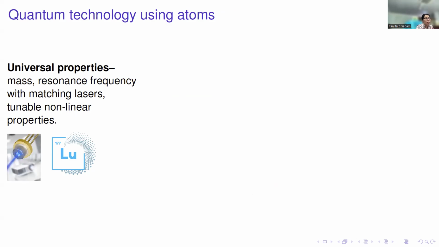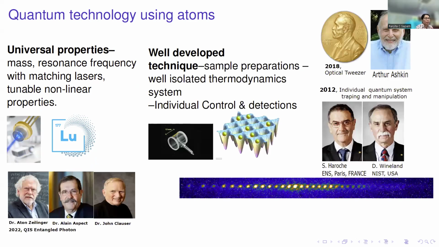Good technologies are technologies which everyone can use, and which are operable everywhere. In these experiments we use atoms and ions. Atoms and ions are universally the same, right? They have universal properties: their mass, the resonance frequency, the matching laser which can be tuned, are all exactly the same.